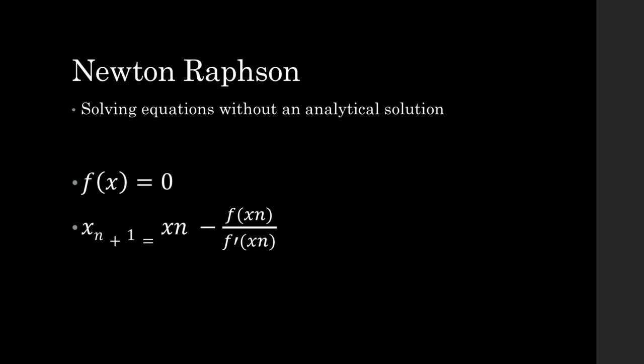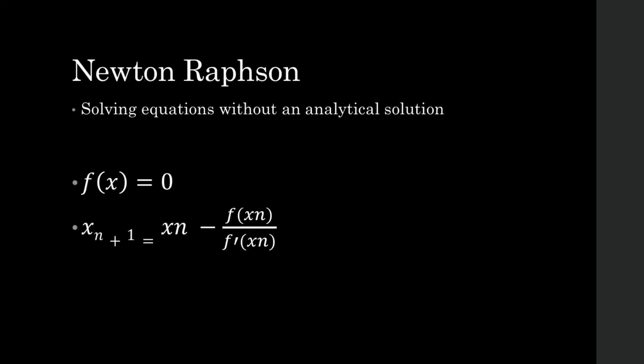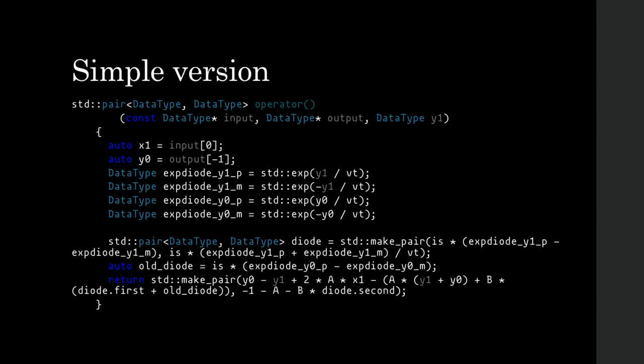What the Newton-Raphson algorithm basically says is that our new trial to get f(x) equals 0, x n+1, is just a variation around x n minus f(x n) divided by its derivative. So on top of that big equation, you also need to have its derivative. It's still simple to write for that kind of equation, but when you have matrices it starts being a little more complicated, but you get the gist.